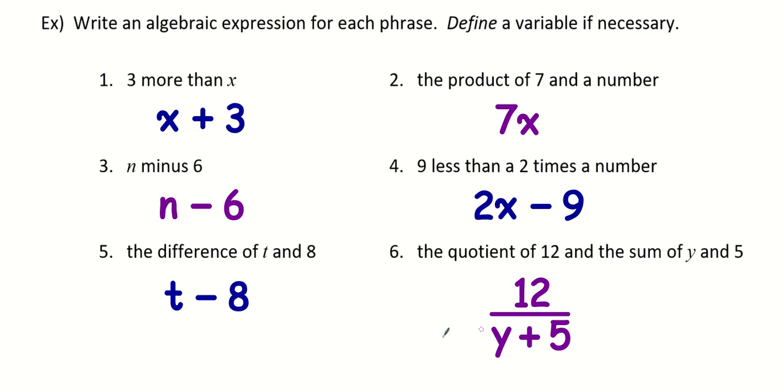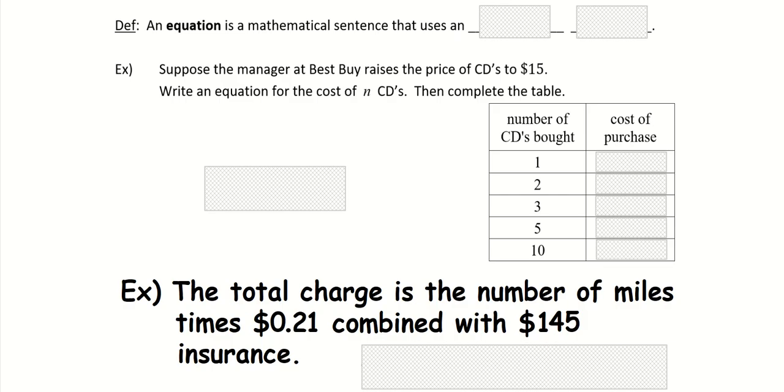Okay, so this is correct, or this is also correct because you're dividing, but look, I'm going to put y plus 5, this sum, in parentheses, because you'd have to get that first, and then it's the quotient of 12 and whatever this is. So a couple different ways to write that. All right.